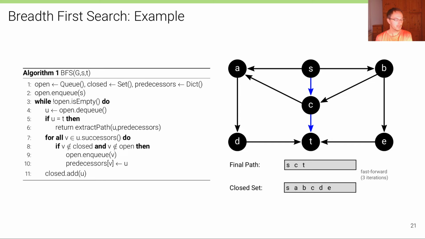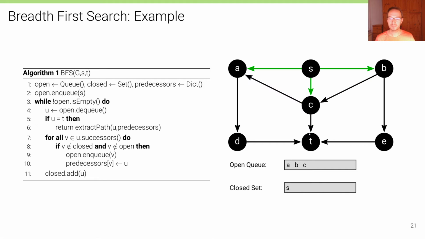Right? Oh yeah, maybe one thing that I forgot to mention before is that here I have 2 red arrows. What does this mean? Well, as I mentioned, when I'm processing B, I'm adding E to the open queue, but C is already in the open queue.